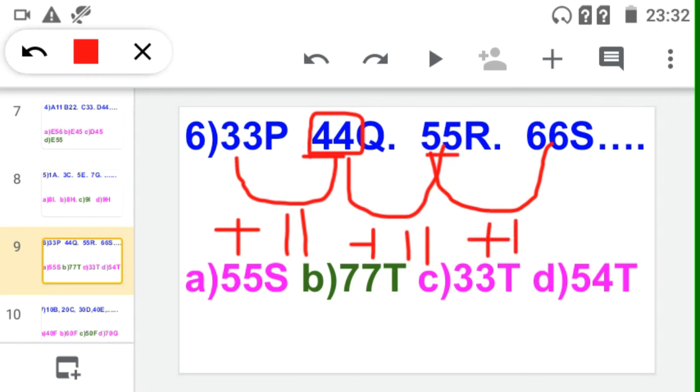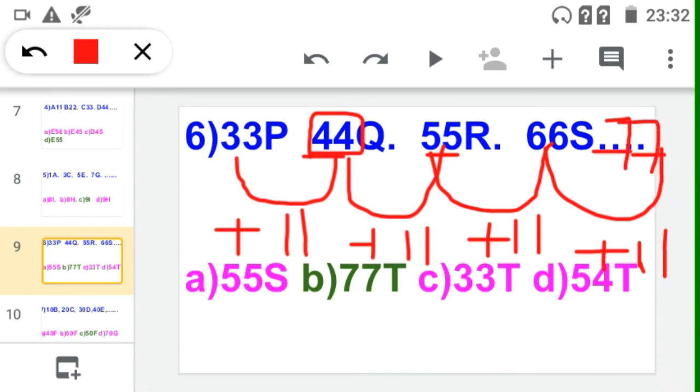If you add 11 to 55, you will get 66. Correct. So now you tell me, after 66, if you add 11 to 66, what should be the answer in the fifth term? Yes. If you add 11 to 66, you will get 77. Correct.